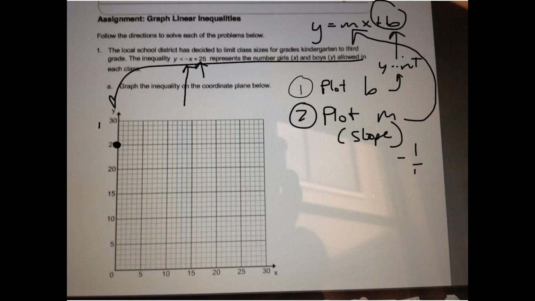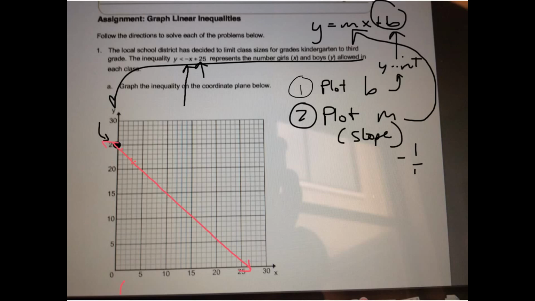So from our y that I counted earlier, we're going to count over 1, down 1, over 1, down 1, over 1, down 1, over 1. Oh, that last little guy didn't work. And we just keep going like that. And that's our line.